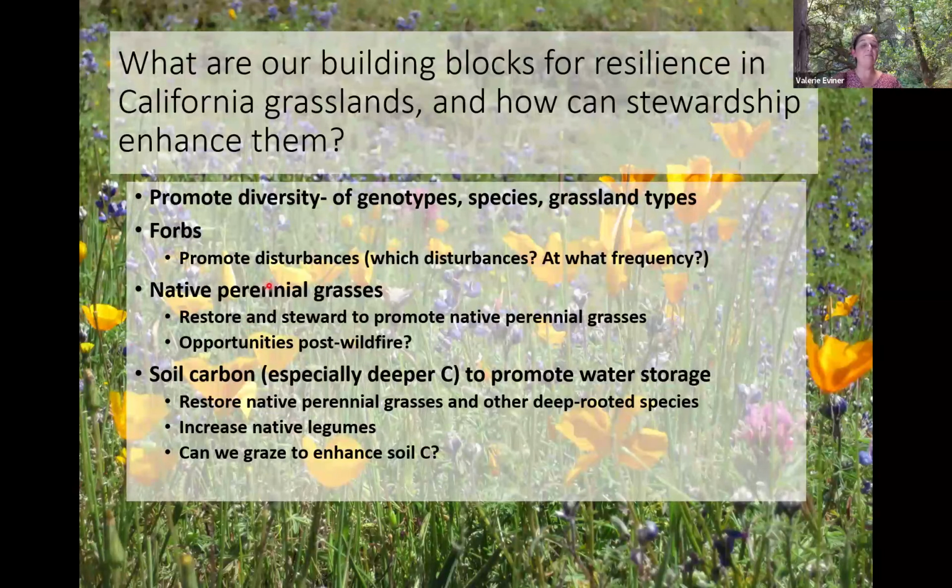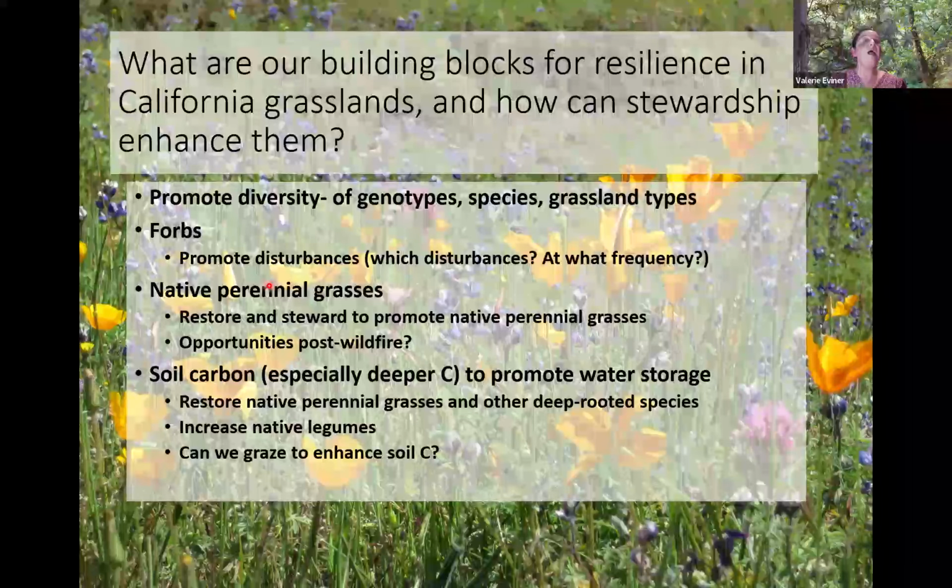And it seems that we need to be promoting disturbance to make sure that we've got them sitting in the seed bank ready for the next disturbance. Our native perennial grasses are also really critical in promoting carbon and resisting noxious weed invasion. It is sometimes tricky to get them going.